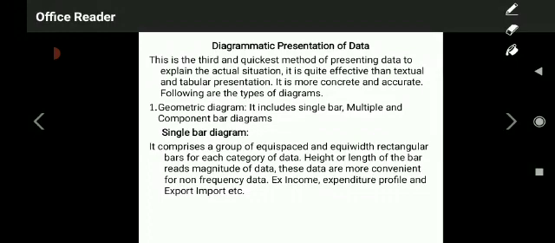In the last class, we discussed the parts of a table and how to draw a table, a most important topic for 4-mark or 6-mark questions in the examination. Today, let us discuss the diagrammatic presentation of data.